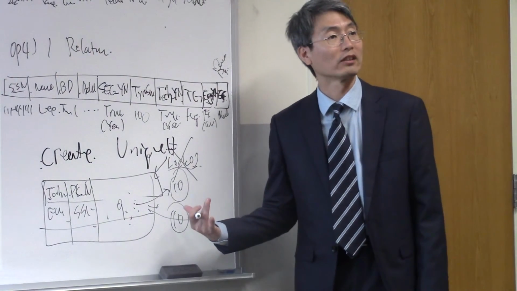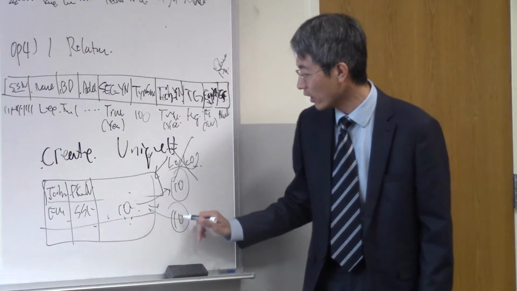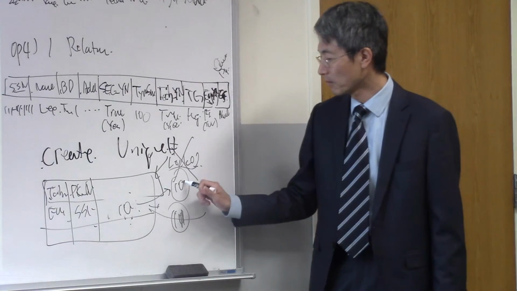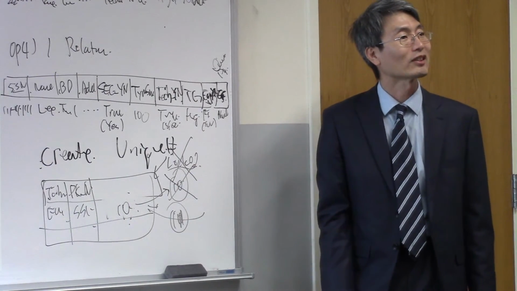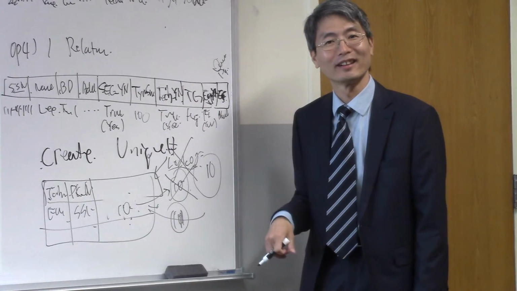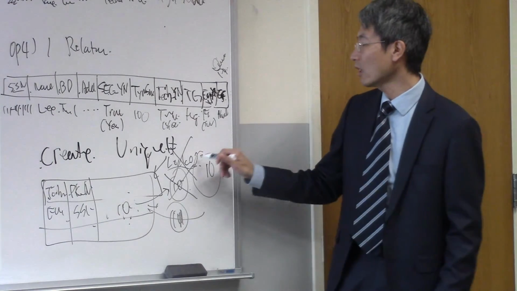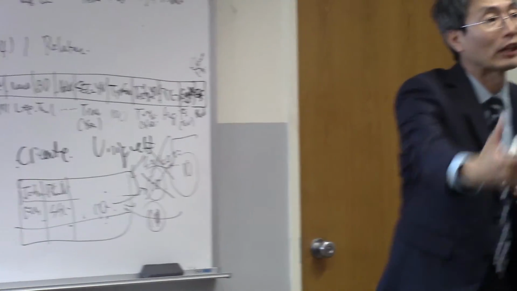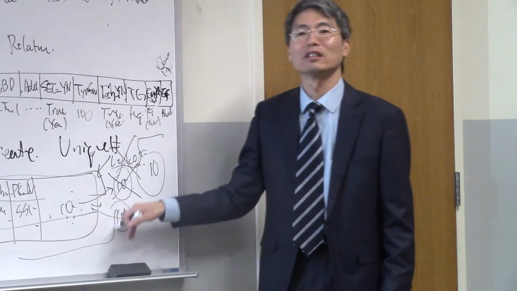It's a duplicate. So we change: whenever we assign, we increase. So 10, 11. So there is no duplicate there. Problem? This one failed. The transaction failed, so there is no employee number 10. So you need to decide whether we allow a jump, skipping the data. Okay, and also what if this one is locked?